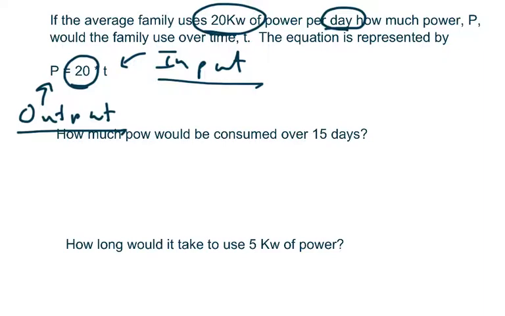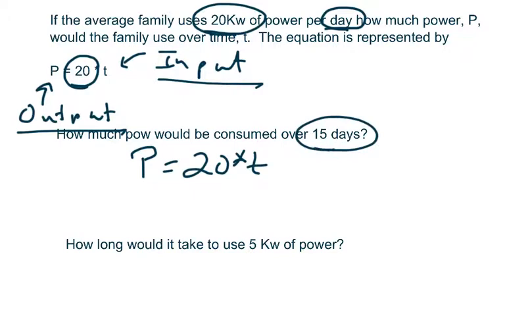So how much power would be consumed over 15 days? Well, we look at our equation, P equals 20T. The little star there, of course, means that you multiply. And so the 15 days, is that power or is that time? That's the first question you have to ask yourself. And that will tell you where the 15 goes into this equation.